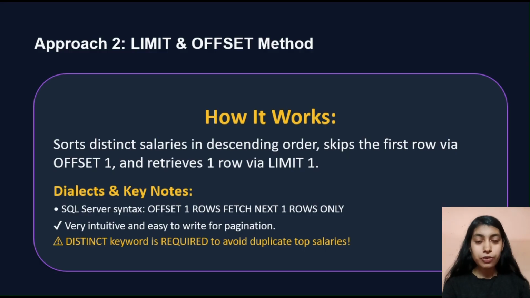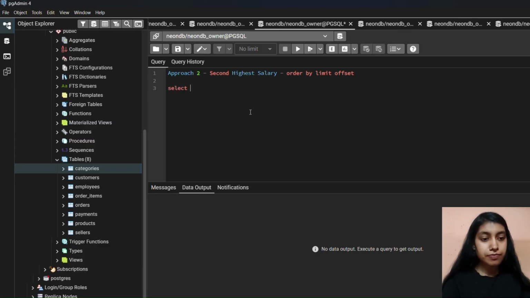Okay, so now let's see our next method. In databases that support the limit clause, we can use this approach: select salary from employees, order by salary descending, limit 1 offset 1.